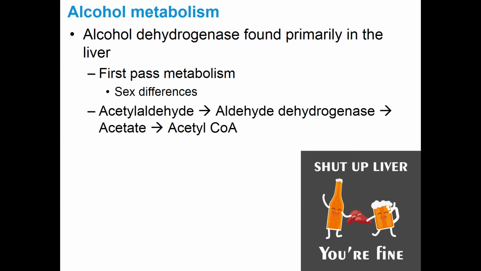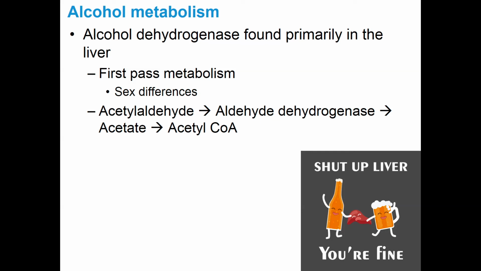So the basic process there, where I've got my little arrows: alcohol dehydrogenase breaks ethanol into acetaldehyde, and then acetaldehyde is broken down by aldehyde dehydrogenase, which then becomes acetate, and then we export it from the liver at that point.